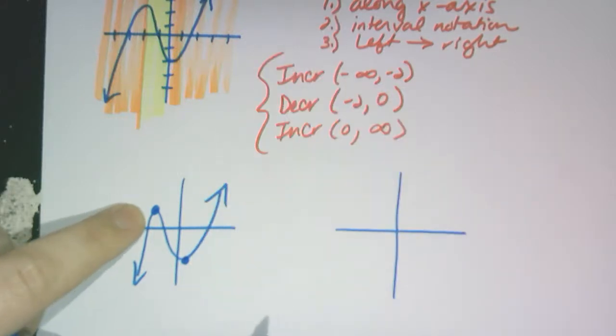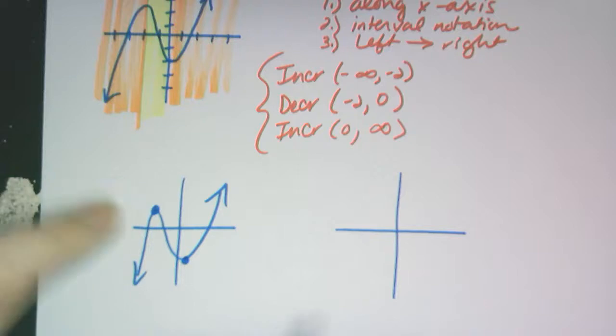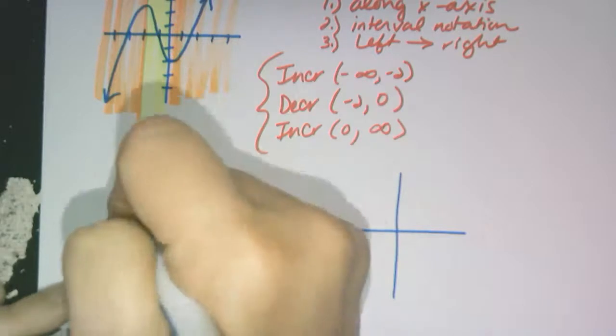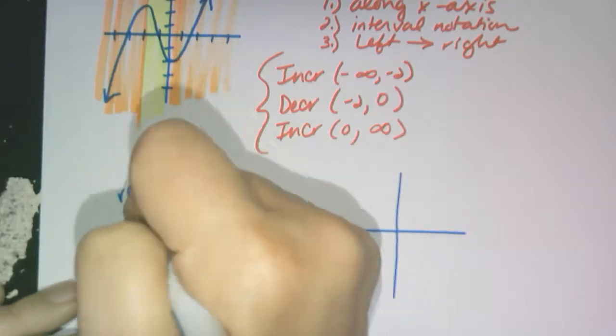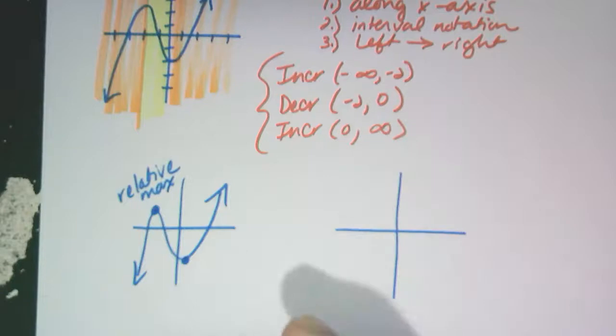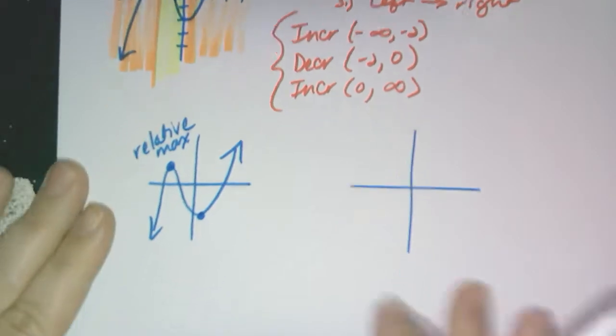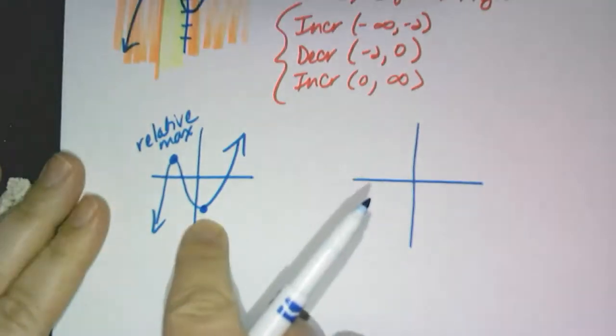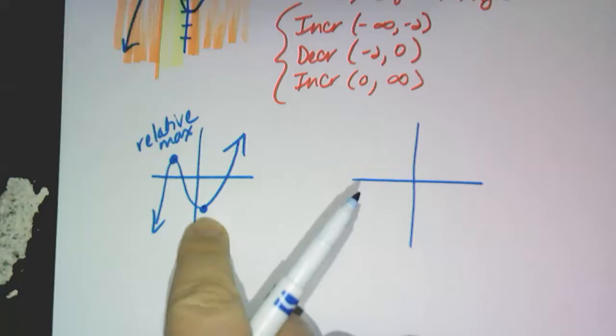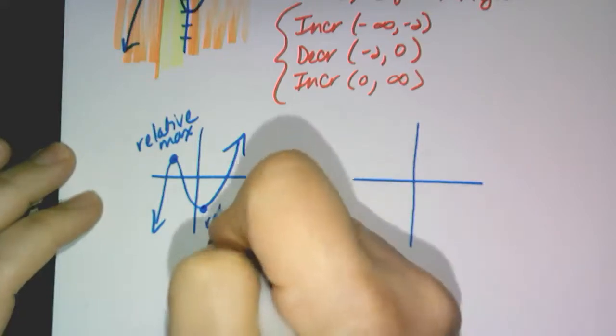The highest point is off up here. But in mathematics, when it's a high point but not the highest, it's called a relative max. If it was the absolute highest, that would usually be an upside down parabola, and we would call that an absolute max. This point right here is a low point, but it's not the lowest point in the graph. This is called a relative min.